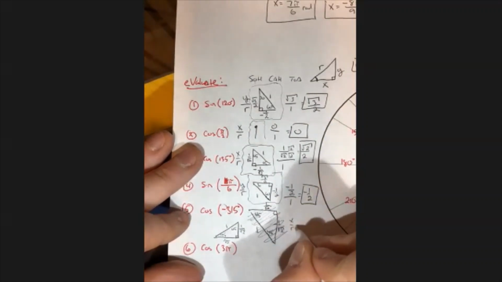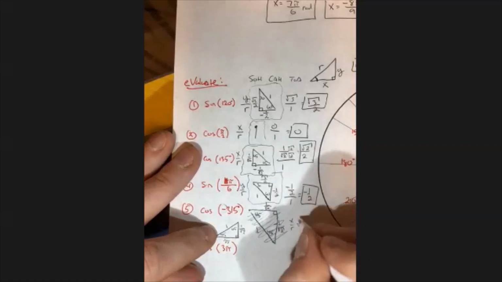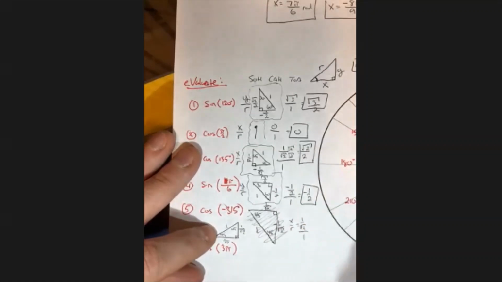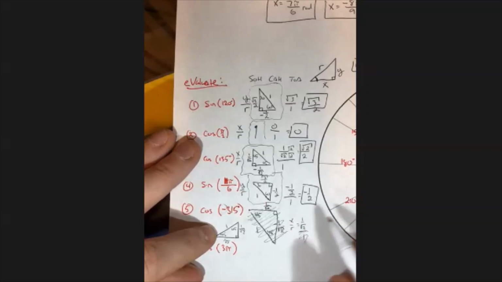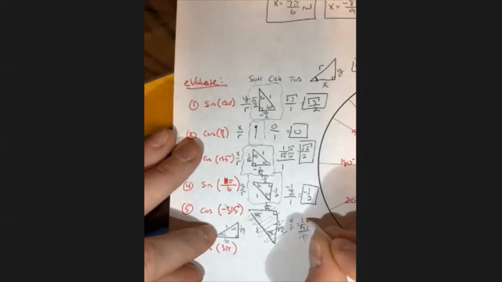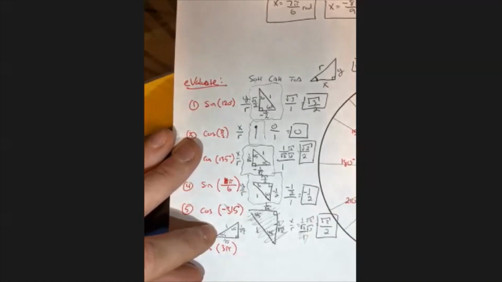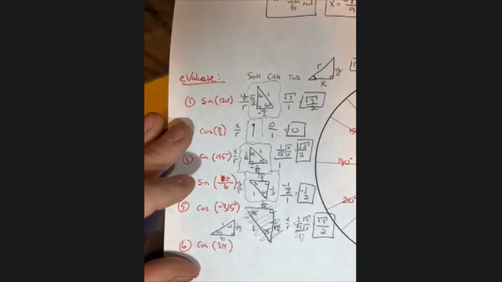Cosine is adjacent over hypotenuse, which is x over r, which is 1 over the square root of 2 over 1. I can ignore that. And to rationalize that, I give them both a square root of 2. Square root of 2 over 2. And I'm done.